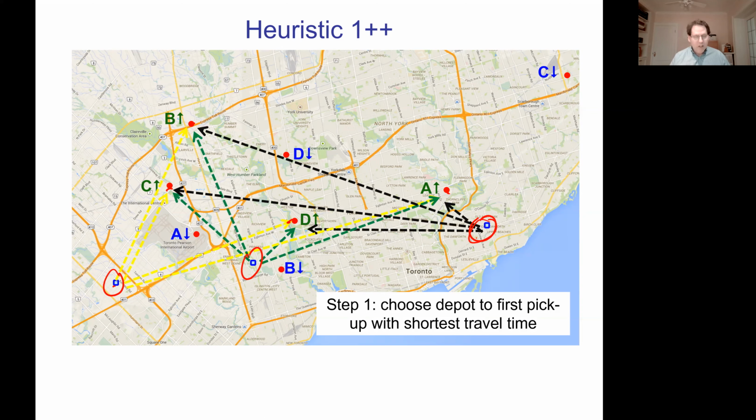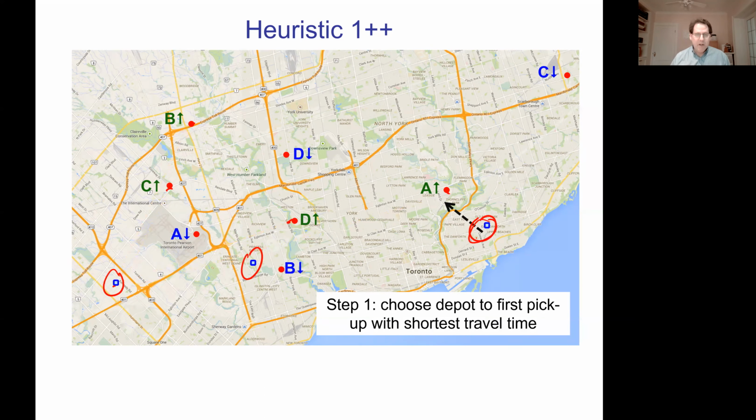So for this relatively small problem, just to figure out the very first thing I want to do, which depot to start at and which delivery to pick up first, I need to do 12 calls to my find path routine if I want to get the travel time of each and pick the minimum one. Say I do that and find my minimum travel time is this one: I should go from this depot to this pickup. I already have the path, so that part is done. Now I would go on and keep making decisions.